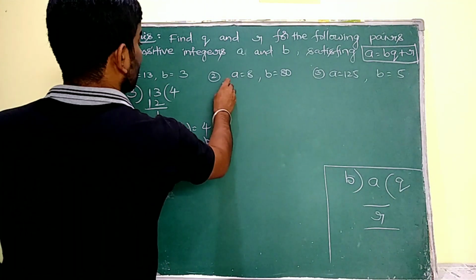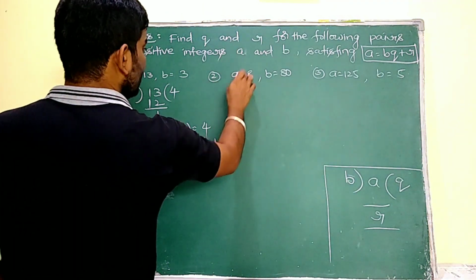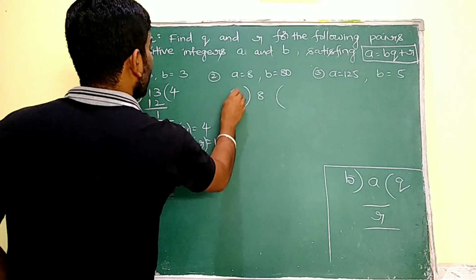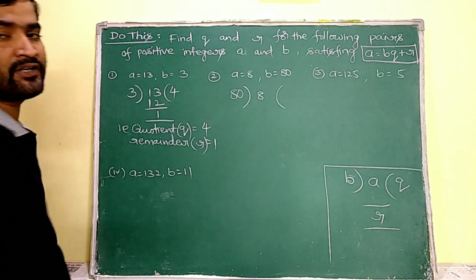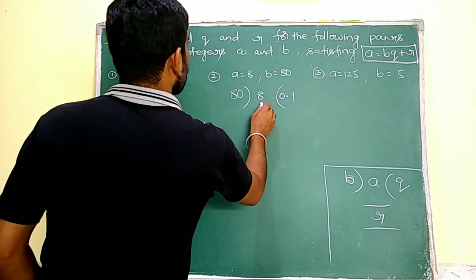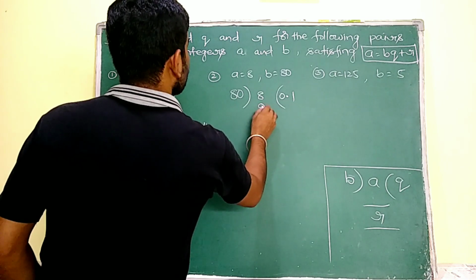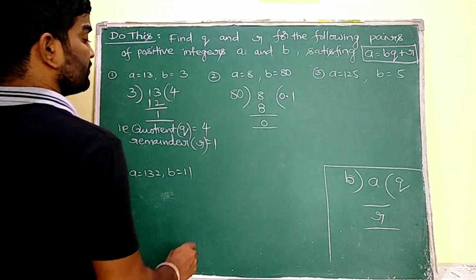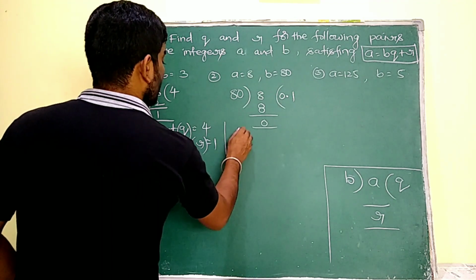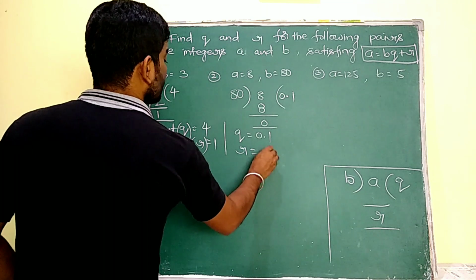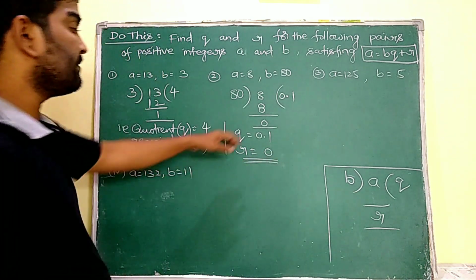Now I have to divide 8 with 80. 80, how much are 8 we know? 80 0.1s are 8. That is why here the remainder is 0. So directly I am going to write quotient q is equal to 0.1. Remainder r is equal to 0. See, here the remainder is 0.